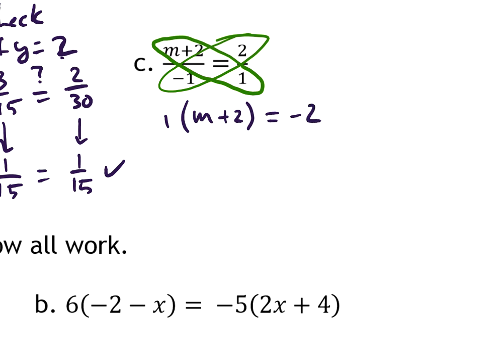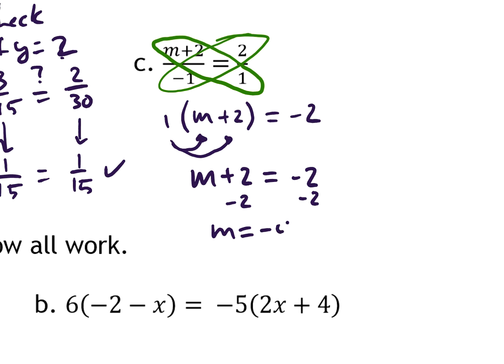Now, if I had a value other than 1, I'd be careful to distribute that and multiply each of these by that, but I don't. 1 times m is m, 1 times 2 is 2, so it's just m plus 2, and that equals -2. And then if I subtract 2 from both sides, I get that m has to equal the number -4.